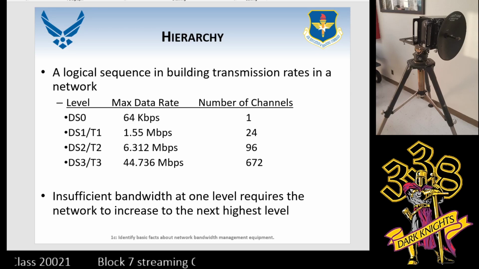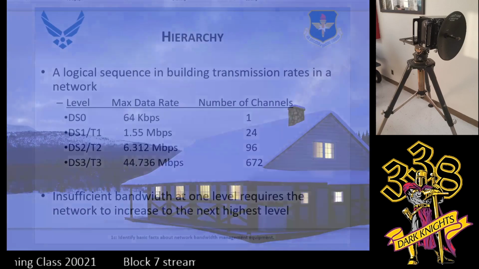So your hierarchy is a logical sequence in building transmission rates in a network. Insufficient bandwidth at one level requires a network to increase to the next highest level. So if you have one input channel, you'll be at the DS0 level, and your maximum data rate will be set at 64 kbps.